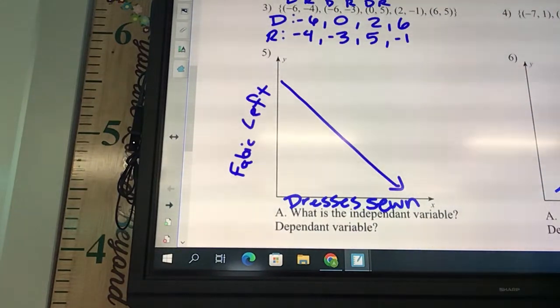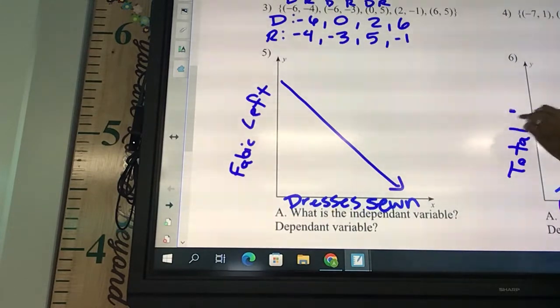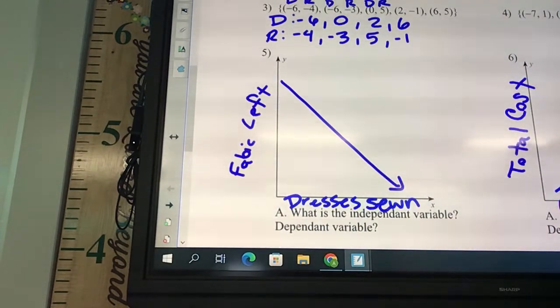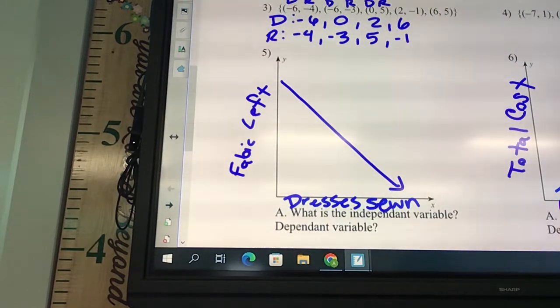This one's going to say number of visits and the total cost. Okay, take a second and fill all those in. You need them all. What does that say? Dresses sewn.